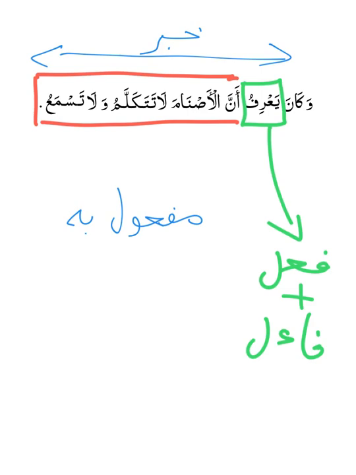So what we do is we now do another further analysis. We go even deeper. What do I mean by that? We have got here anna. Anna needs two things, an ism and a khabar. The ism is very straightforward. It's al-asnam.